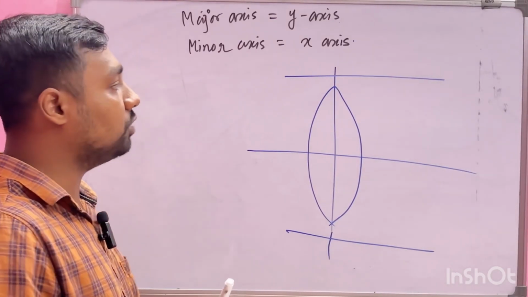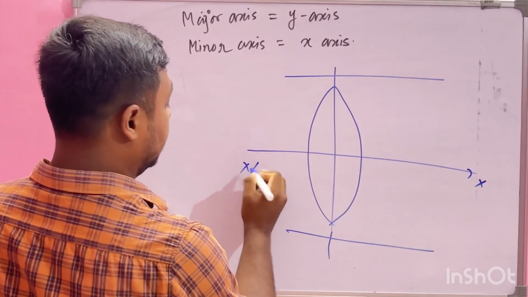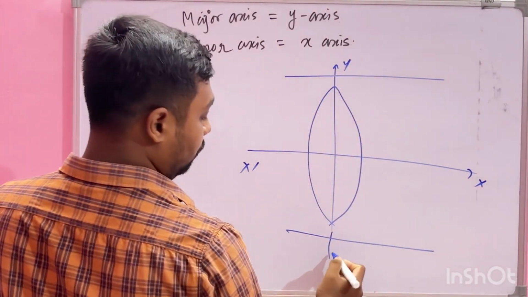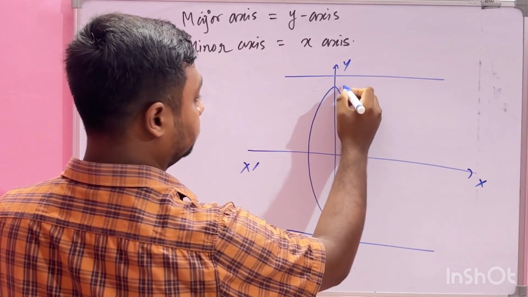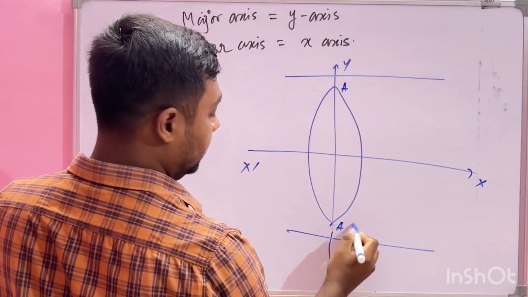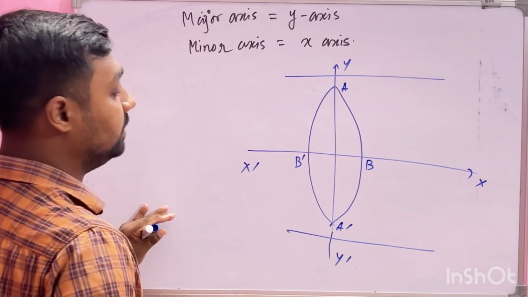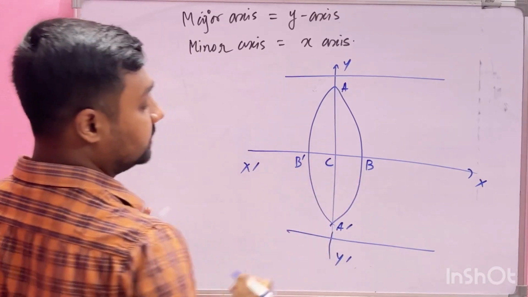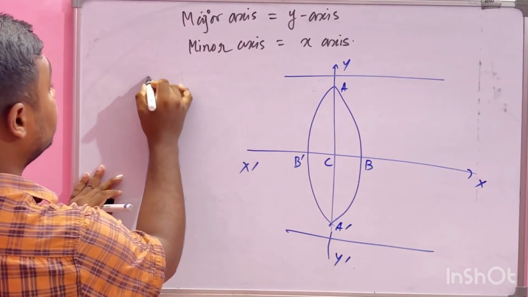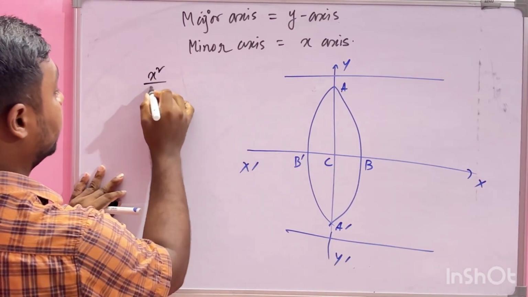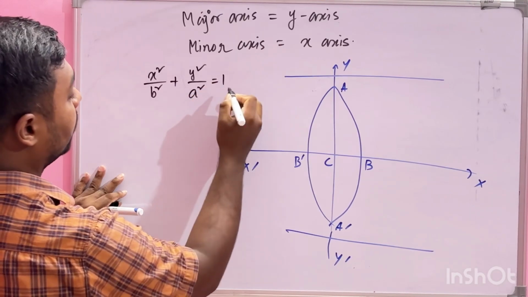This ellipse will look like this one, where this is x dash, this is y dash, and here this is A dash, this is B dash, and this is the center of the ellipse. What is the equation of this ellipse? The equation of this ellipse is x square by b square plus y square by a square equal to 1.